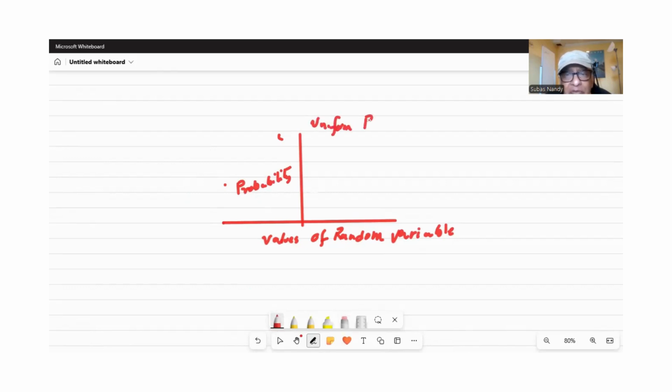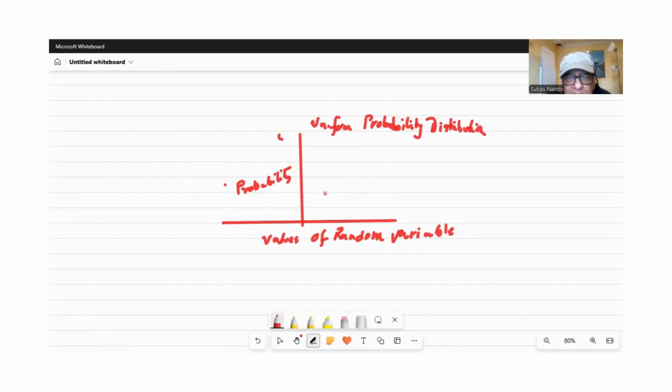The name uniform is significant. It is a probability distribution because we are plotting probability on the vertical axis, or relative frequency, and the value of the random variable, what we are studying, is on the horizontal axis.